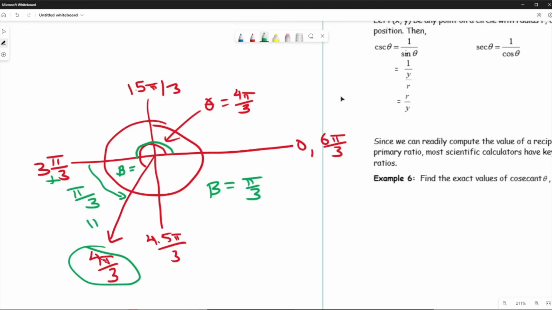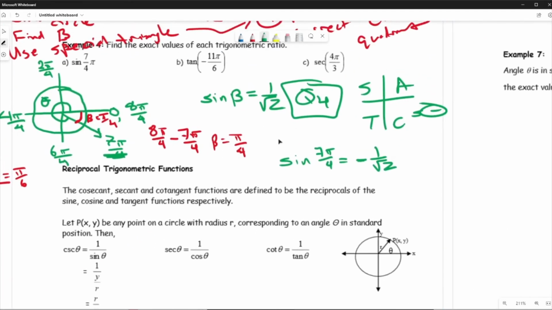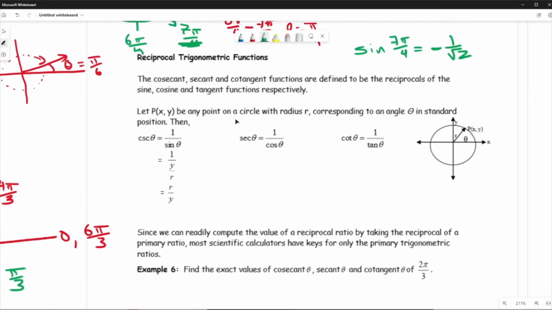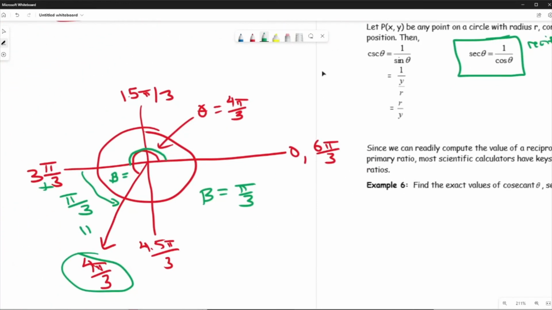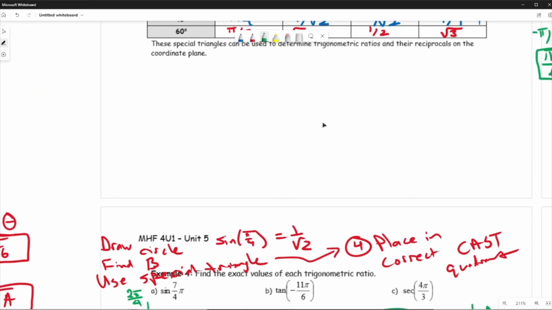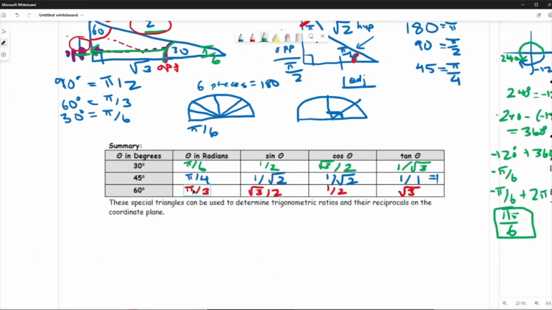Now, in this question, they're asking me about secant. You might not remember with secant, but secant is 1 over cos. It's the reciprocal of cos, okay? Reciprocal. So we need to find the cos, we need to place it in the right quadrant, and then we need to get its reciprocal. So let's go back to the special triangles, okay? So here's pi over 3. It has a cos of 1/2, right? 1 over 2.